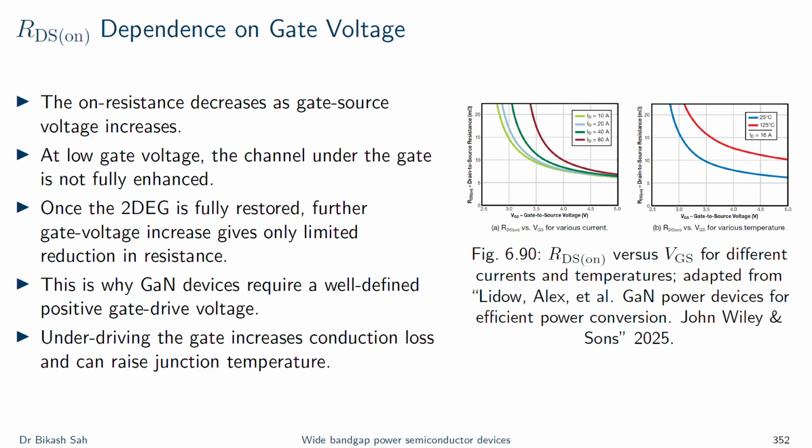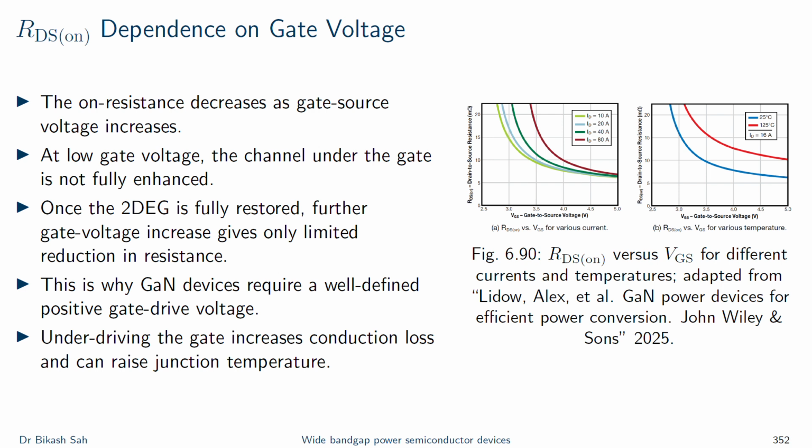As the VGS increases, the 2DEG channel is restored more fully and the RDS(on) decreases. That's what you see in here.